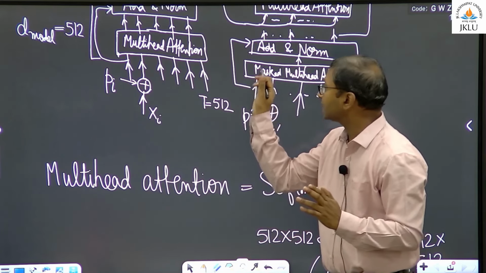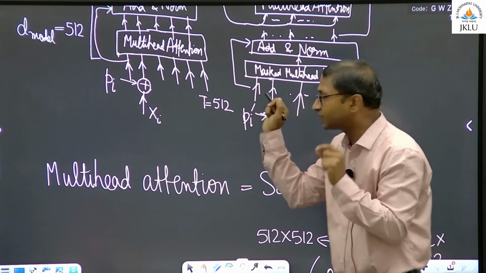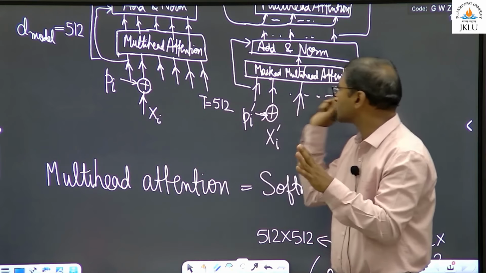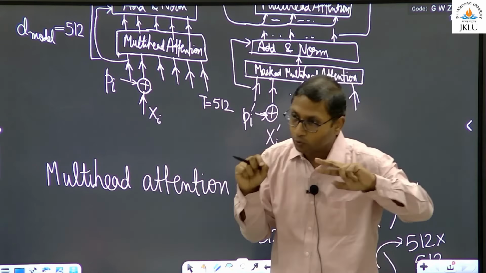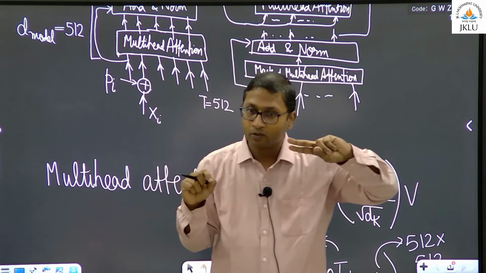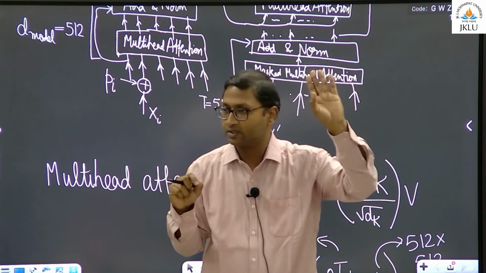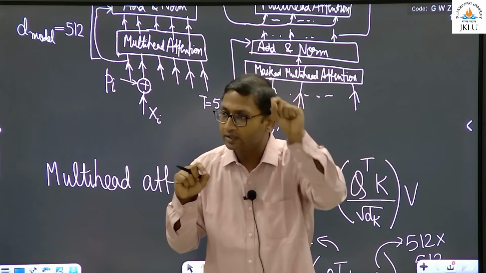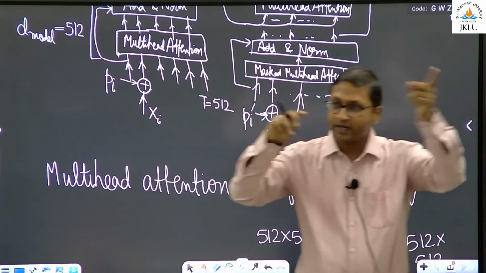When you are generating output for first of these 512, you are not supposed to look here. What does that mean? That means you are supposed to compute Q1 dot K1, I mean take transpose wherever necessary. So Q1 transpose K1, you compute that, but are you allowed to do Q1 transpose K2?